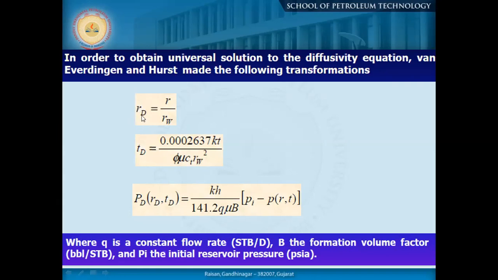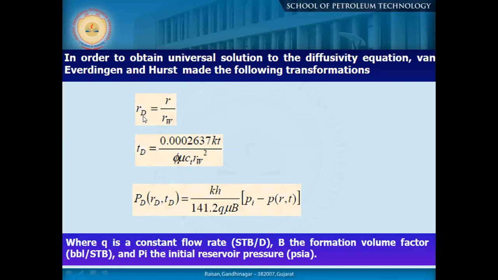Whatever we discussed, the field units are in different units, but when you want to solve it in a universal solution, Hurst and van Everdingen, two scientists, came up with parameters which are dimensionless. So whatever field units are there, you can convert into dimensionless parameters, which are nothing but ratios.